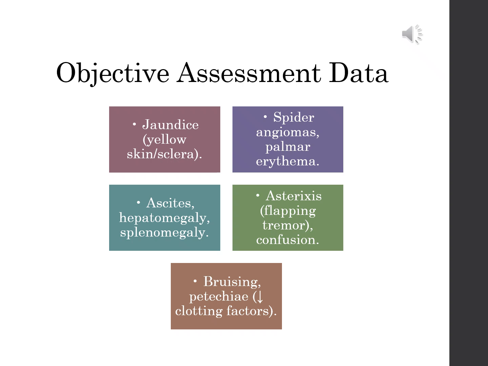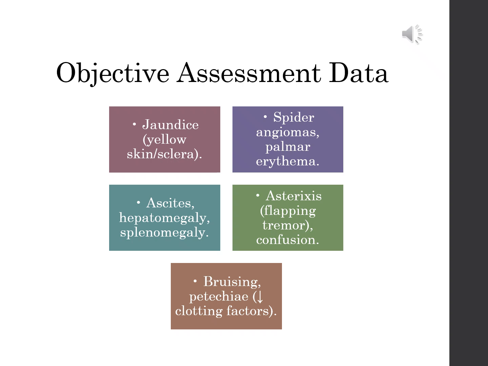And then asterixis. Asterixis is a common one, and we're going to talk about this again when we talk about hepatic encephalopathy. But this is a common sign of later hepatic encephalopathy when that high elevation of ammonia levels has caused brain problems, so neurological problems. Asterixis is hand flapping.